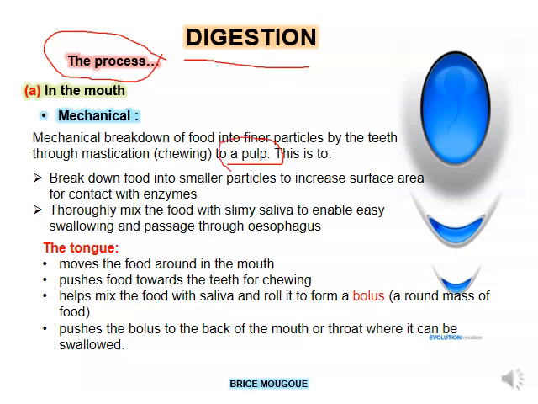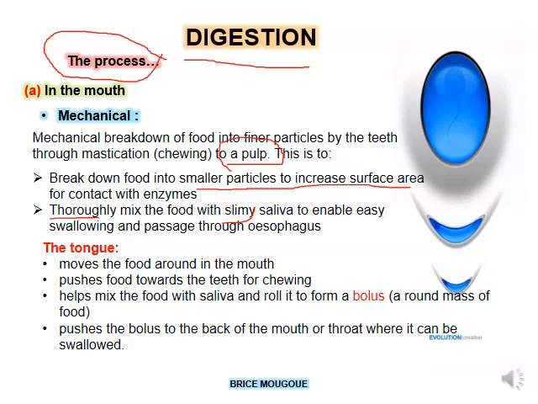For what reason? This is to make the particles small enough so that we can increase surface area for enzymatic action. We've explained that already before. And secondly, to mix the food thoroughly with slimy saliva.